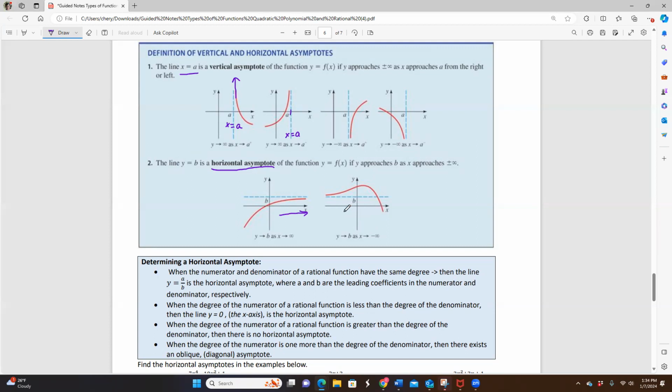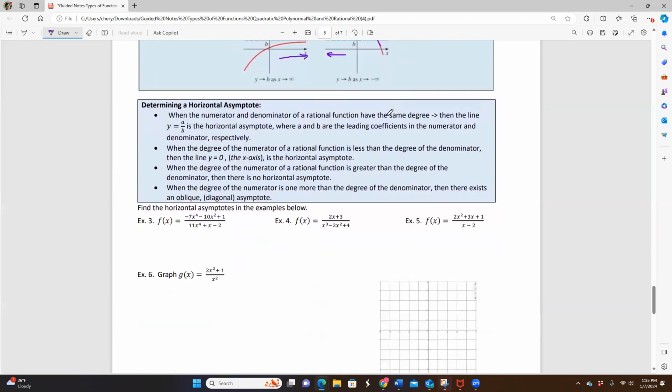And in this one, as x approaches negative infinity, my curve is approaching some line y equals b. Now you notice here that a curve can cross a horizontal asymptote, but it cannot cross a vertical asymptote.